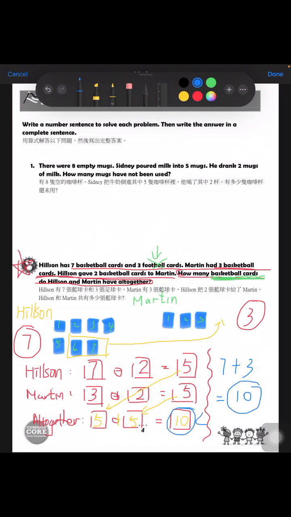That means no matter how many cards Hilton gives to Martin, the total number of basketball cards they have all together doesn't change. It is also 10 cards. So in the answer, you may write 5 plus 5 equals to 10 or 7 plus 3 equals to 10.